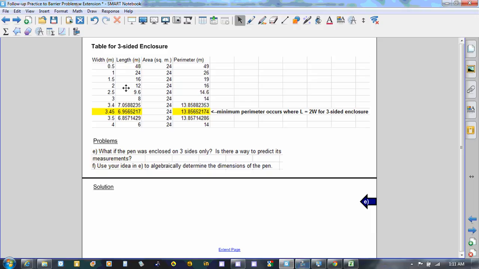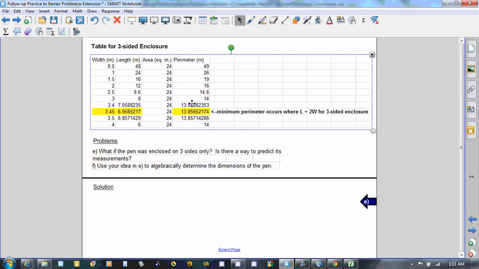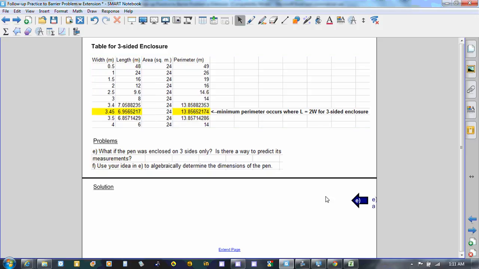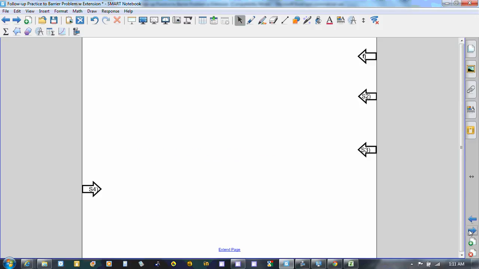Okay, looking above you can see the table that was generated and the dimensions that produced a minimum perimeter. And in terms of predicting this, it was alluded to in the video that with 3 sides, the length is twice the width. Using that fact is going to lead us into this particular style of solution.